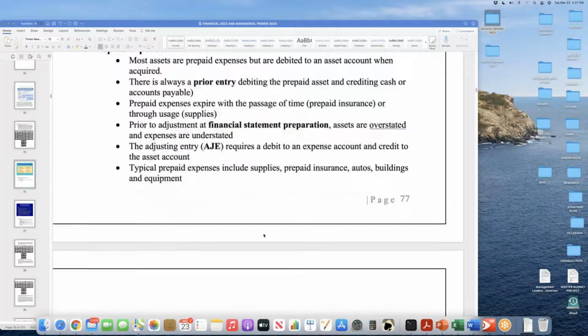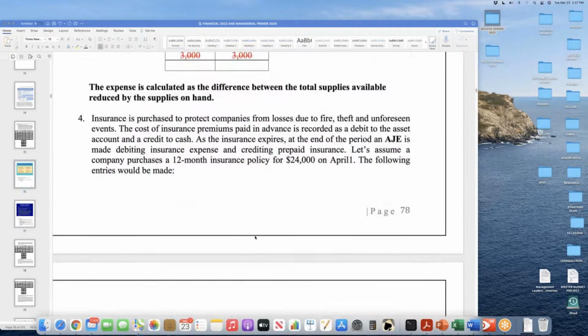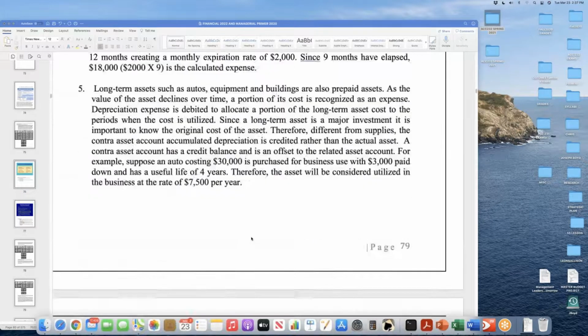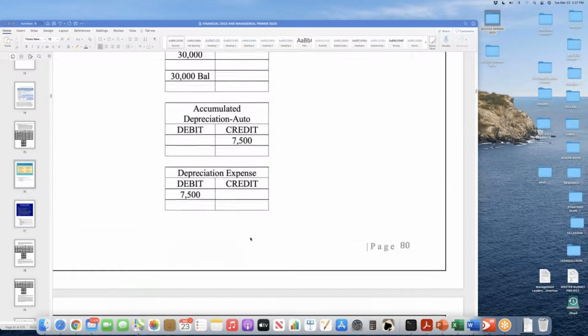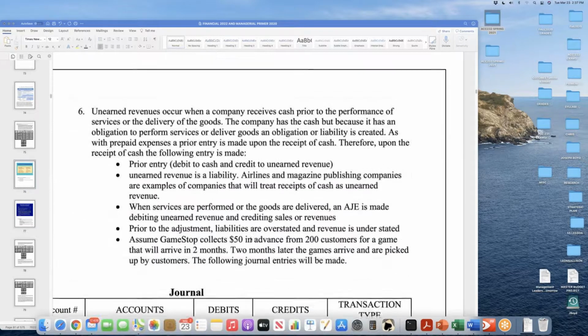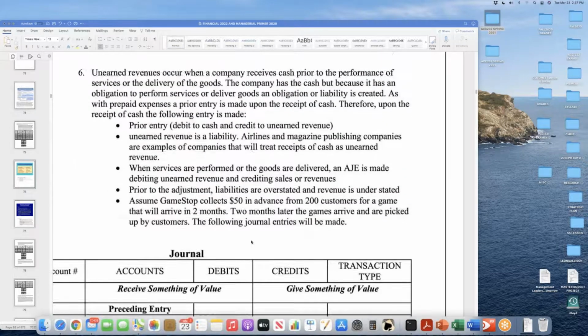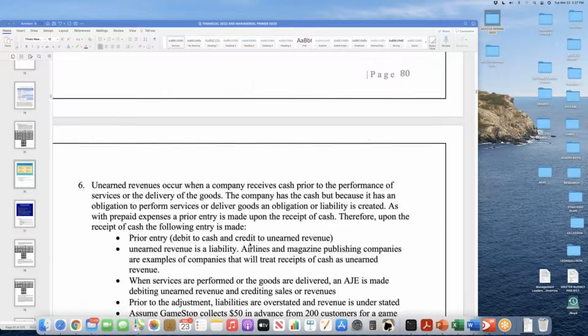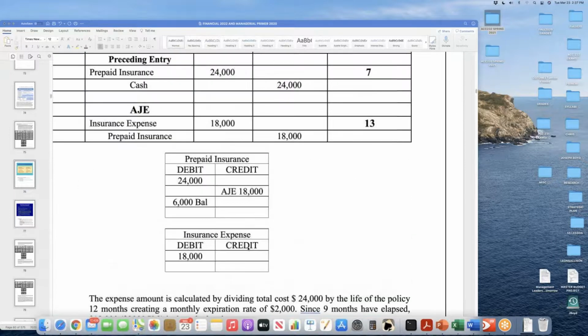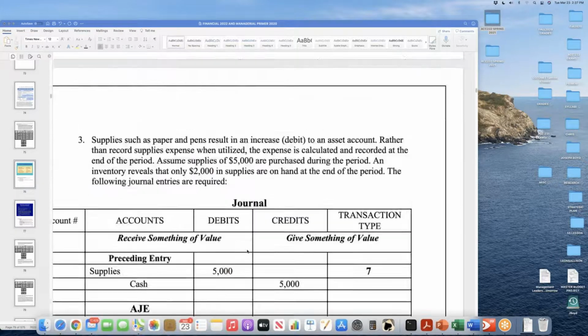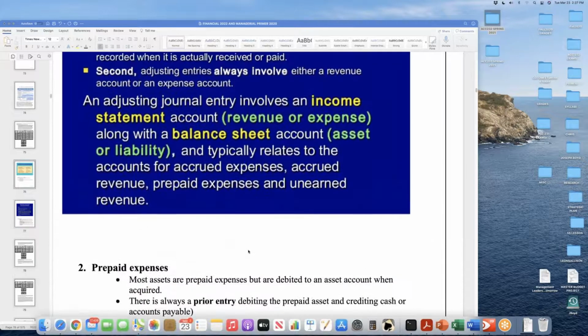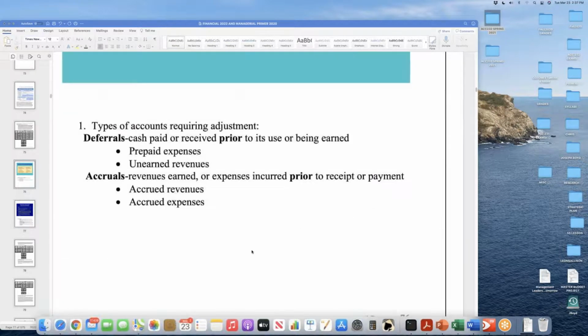And what we're going to do today, I think, is go through this, and most people should have it. There are 4 types of adjusting entries. You've got prepaid expenses and unearned revenues.